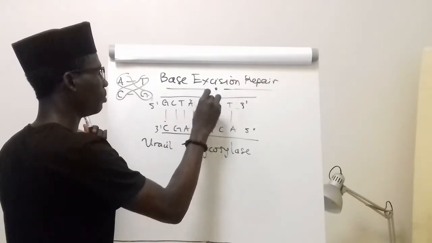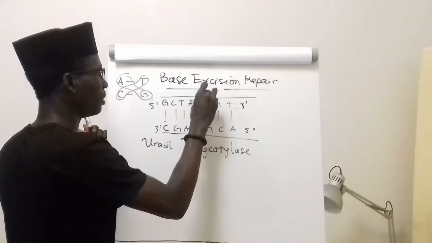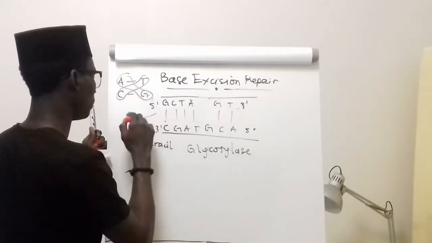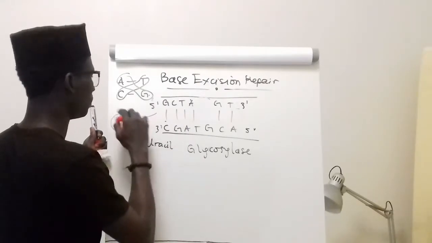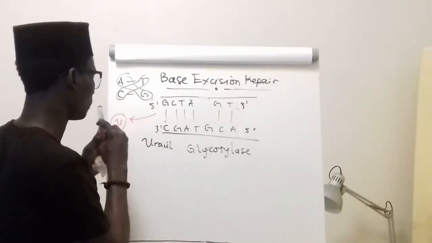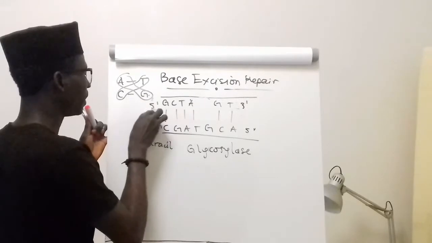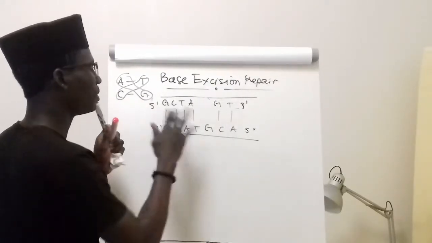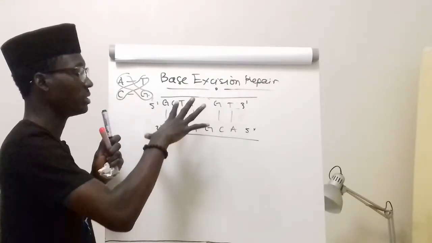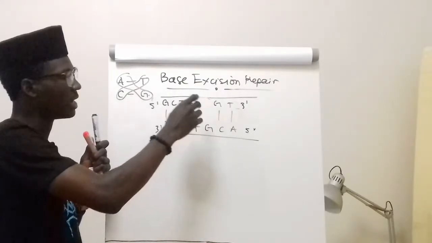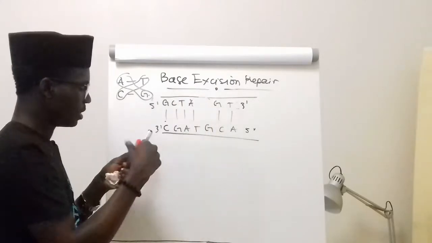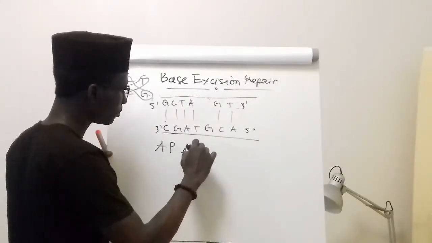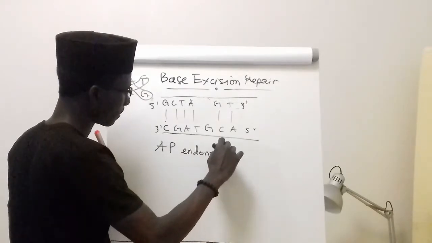So off goes uracil. After this, this DNA doesn't have the base here, so the next enzyme is what we call an endonuclease.